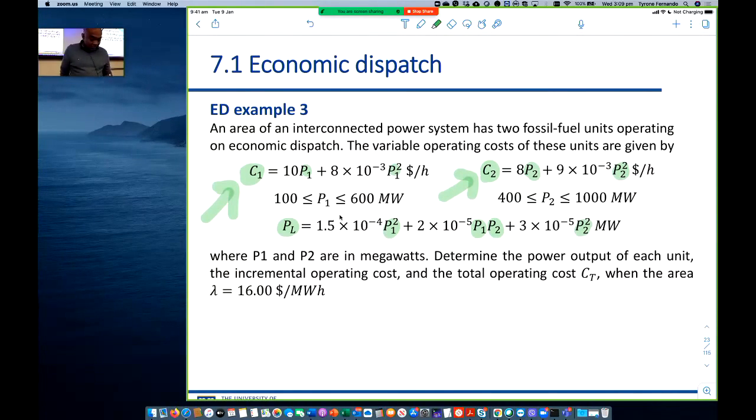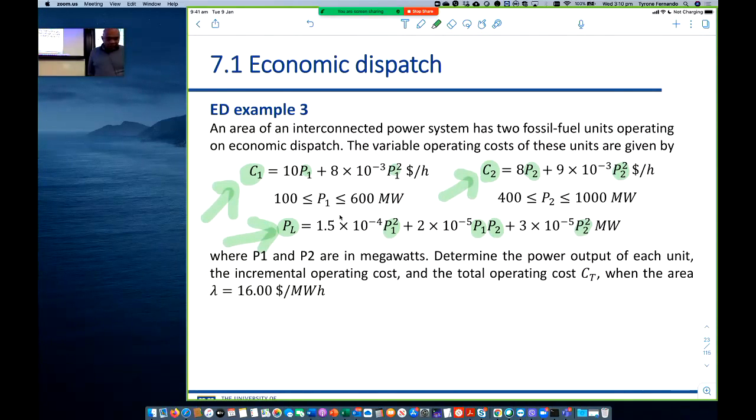For generator 1, we need to differentiate PL with respect to P1. For generator 2, to determine the penalty factor, we need to differentiate PL with respect to P2.